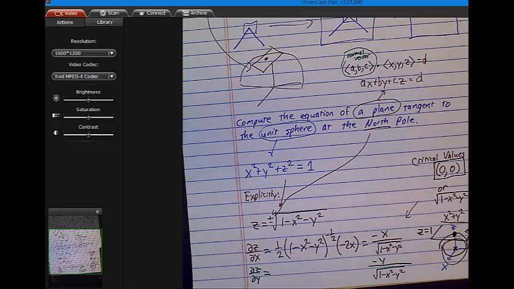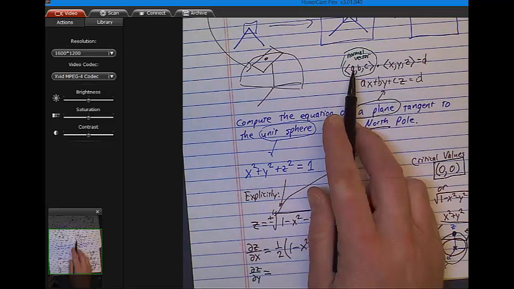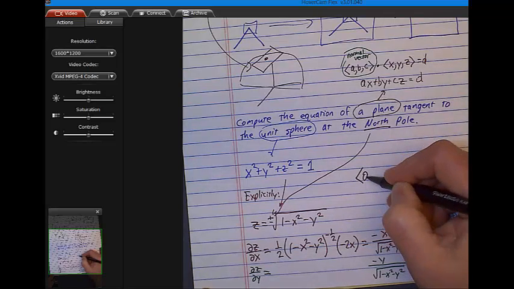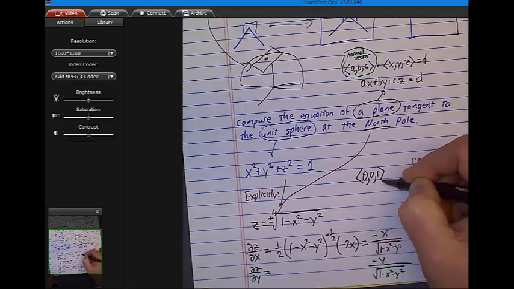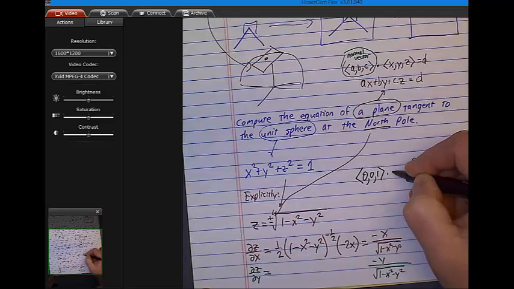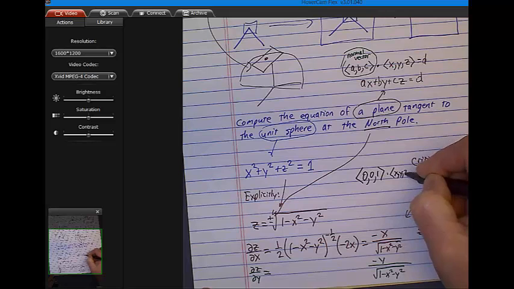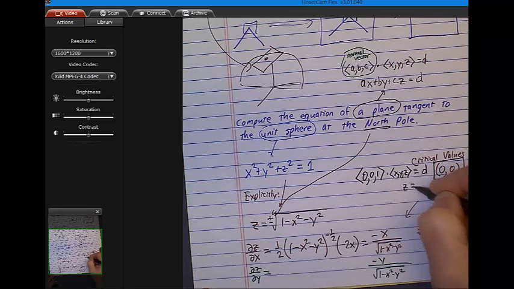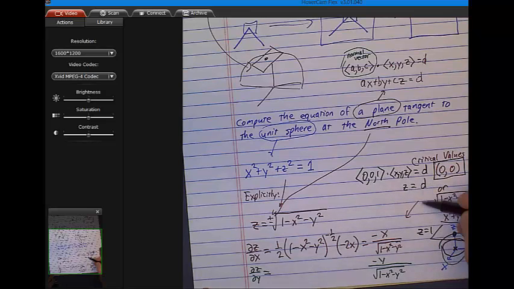But let me point out, what is the normal vector to that plane? Well, for example, we could be using 0, 0, 1 dot xyz equals d. So we get z equals d, and it turns out that d is 1. You see that?